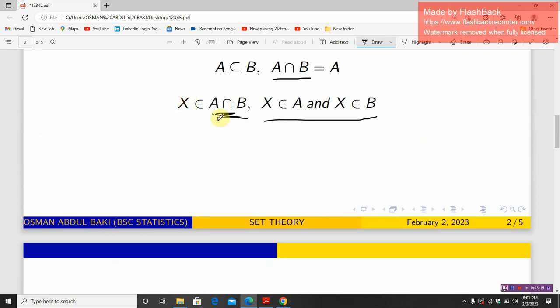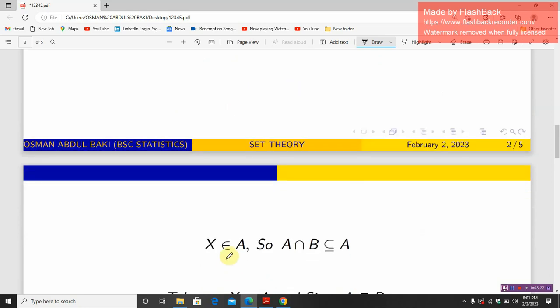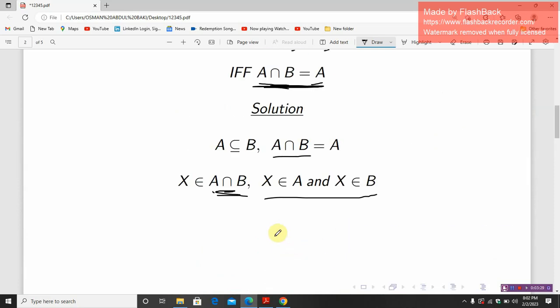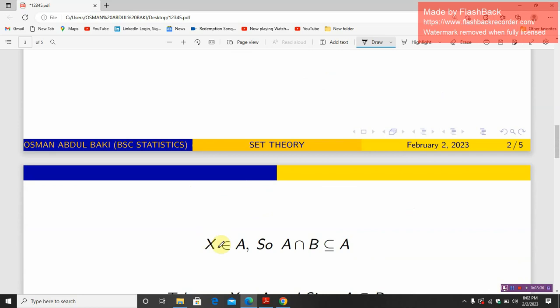If we can find X both in A and B, and if we can find X in A, it is the same thing as A intersection B being equal to or a subset of A.